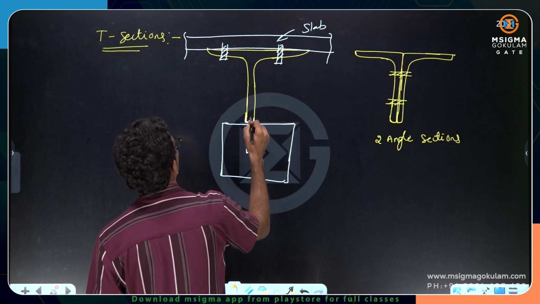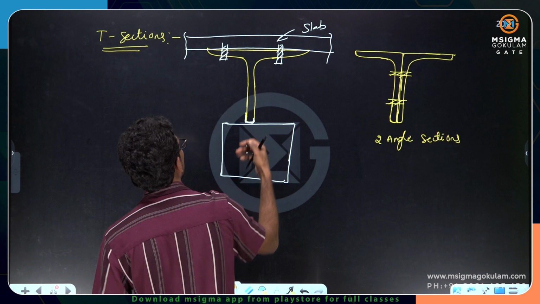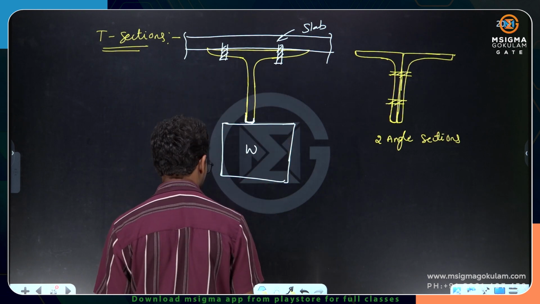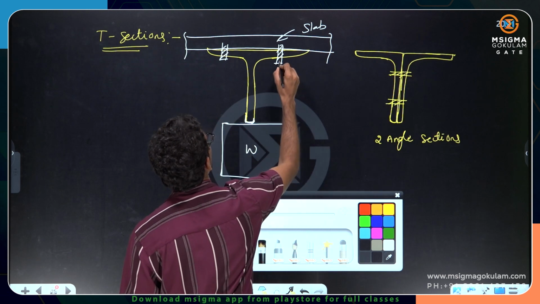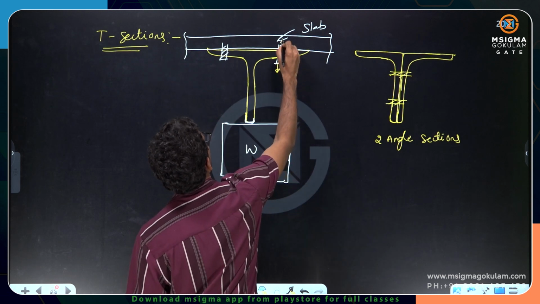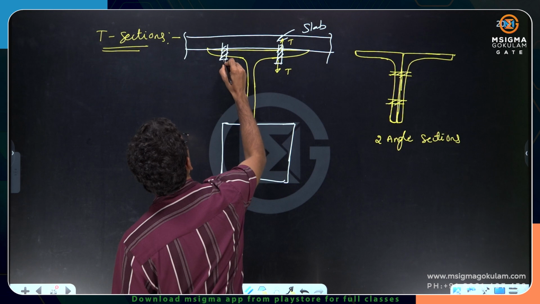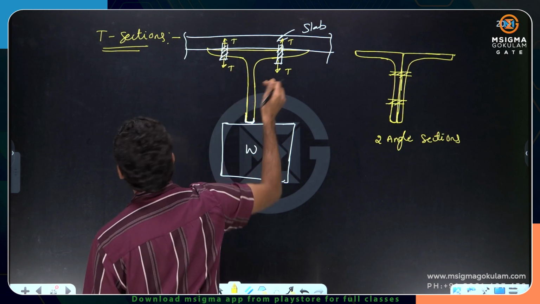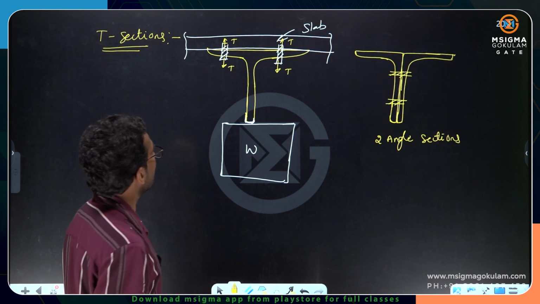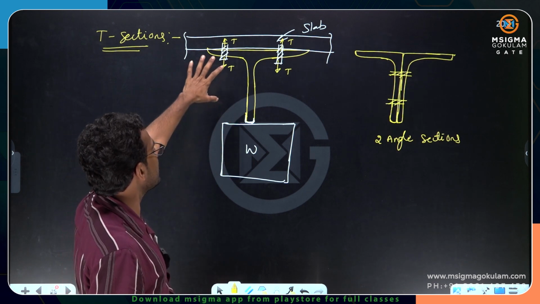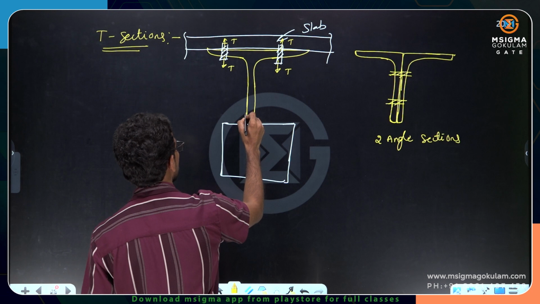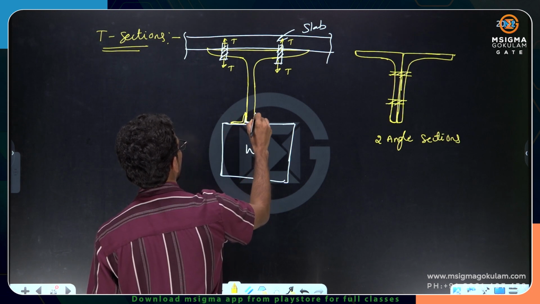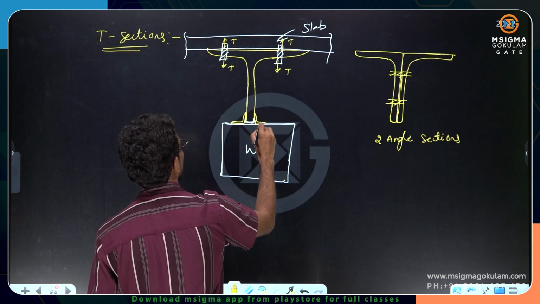Okay, and this particular weight is going to pull down. So there is a tension developed in the elements. So this is what exactly is happening. There is a tension developed in the bolts. Here also there is a tension. So in overhang connections, whenever you apply force, certain weight is applied to this. There is a connection between them. Some kind of arrangement is made and the weight is connected to this.